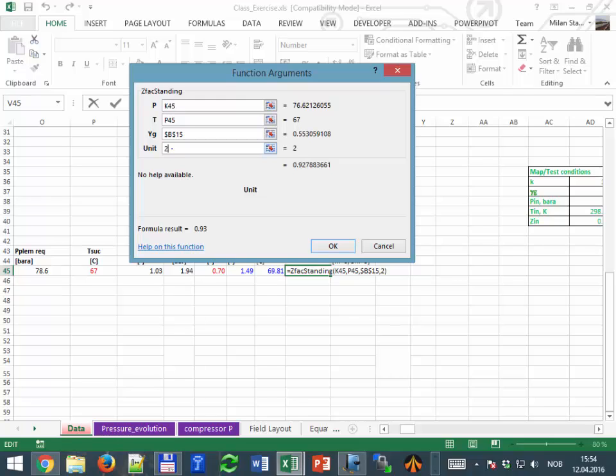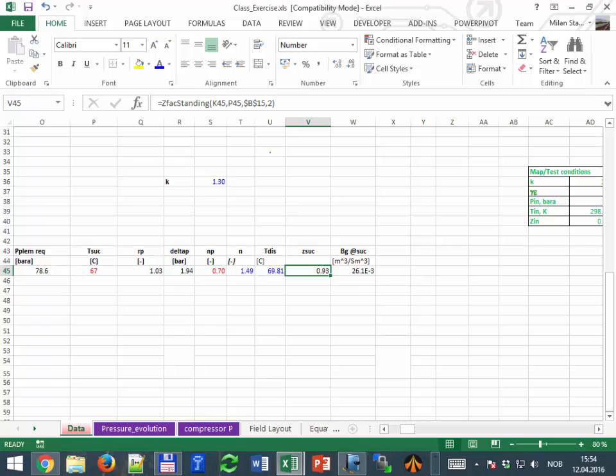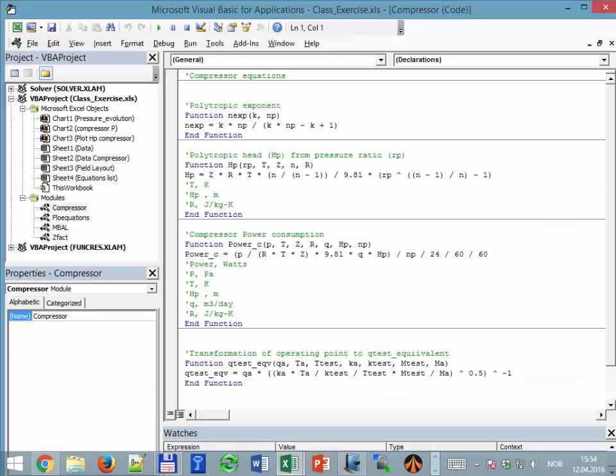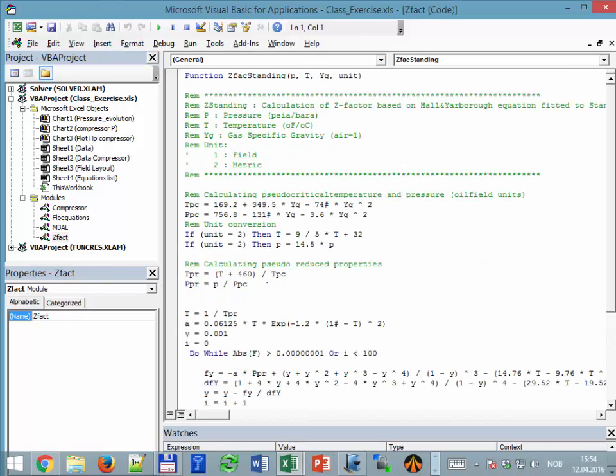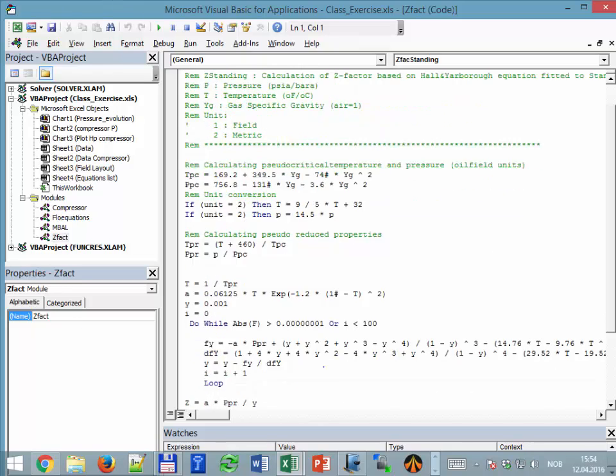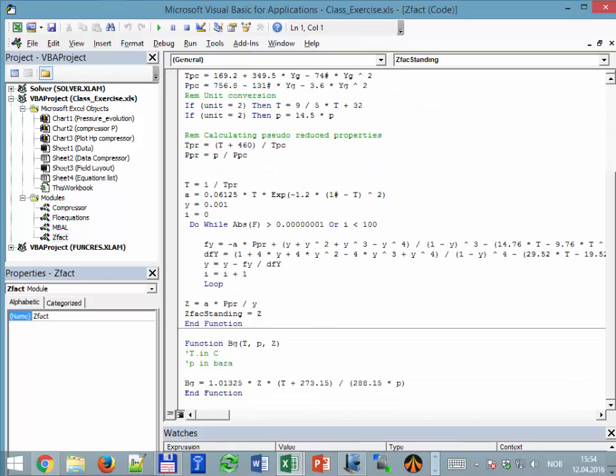Sure? Okay, it gives a reasonable result. Let's just check in case. So the C factor is, if unit equals 2, then it's metric, and the pressure is in bar and the temperature is in Celsius, so that looks consistent. Now at the bottom I have BG, temperature is in C, and P is in bar. Okay, that's what we are using.